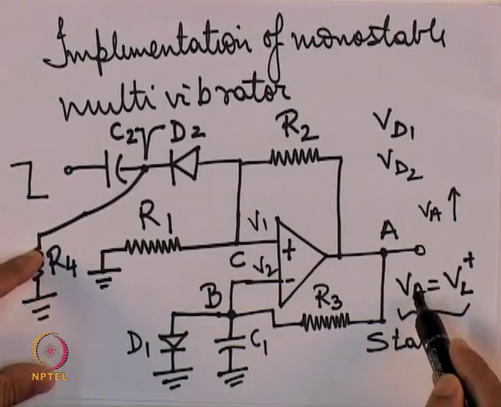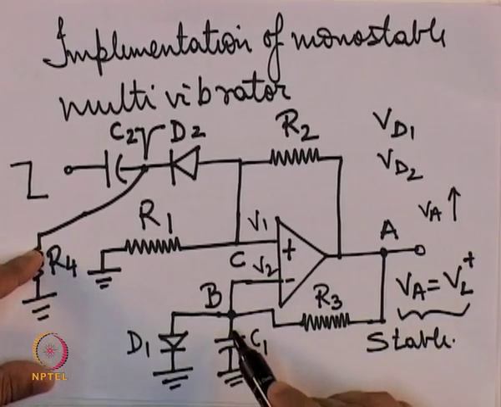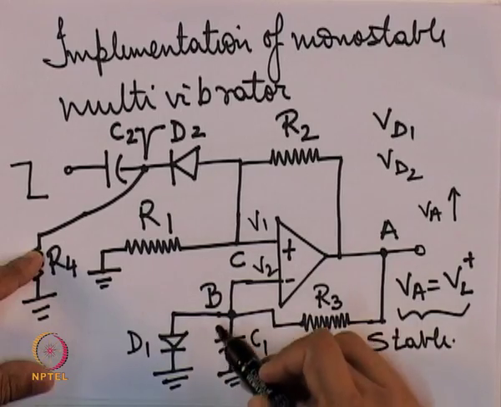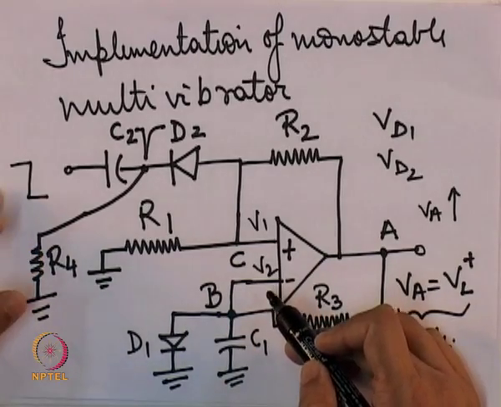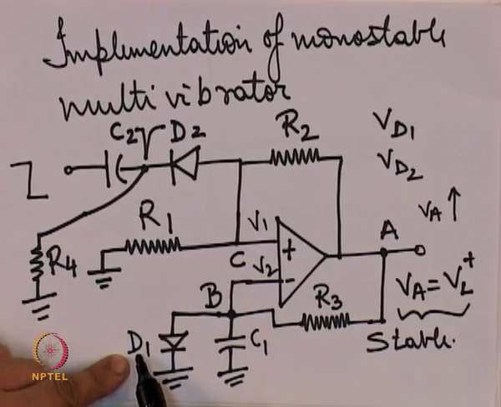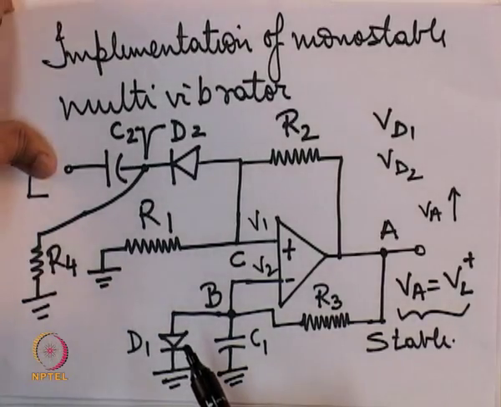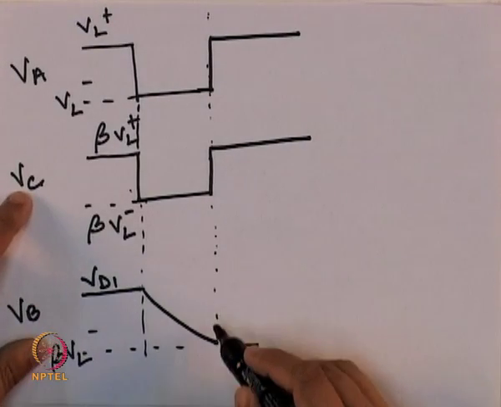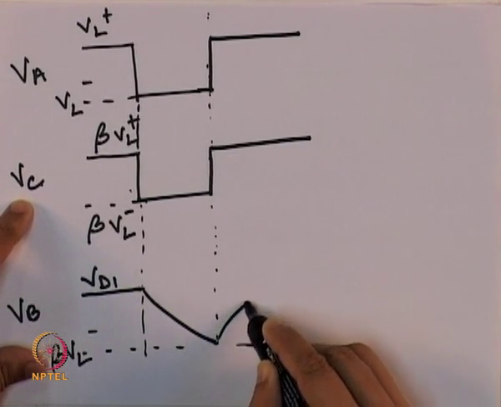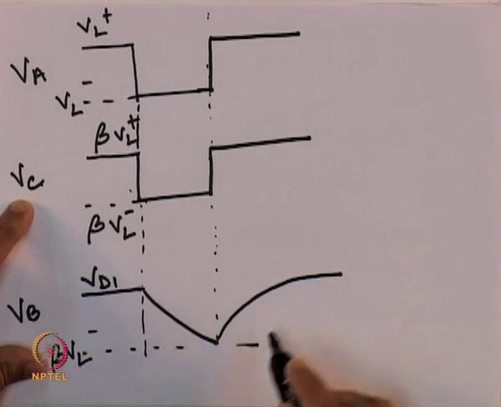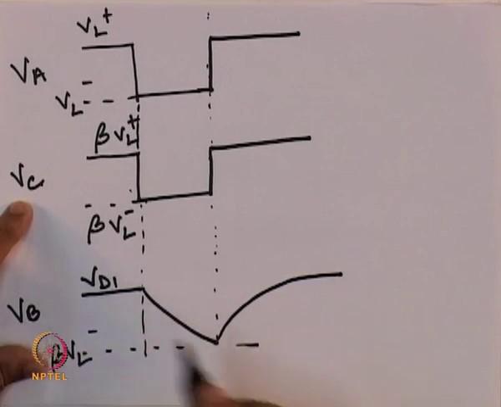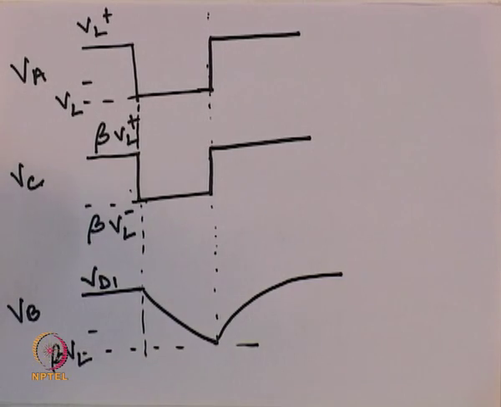Once we have VA coming back to VL plus, that will again drag the voltage VB upwards, back to its stable value of VD1. So VB after this second transition will slowly go on till it reaches the value of VD1.